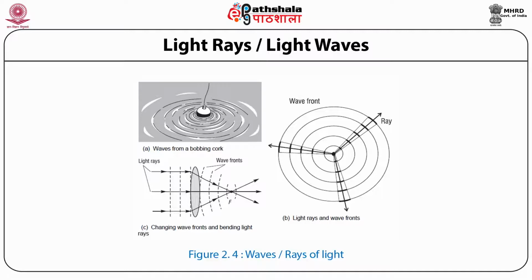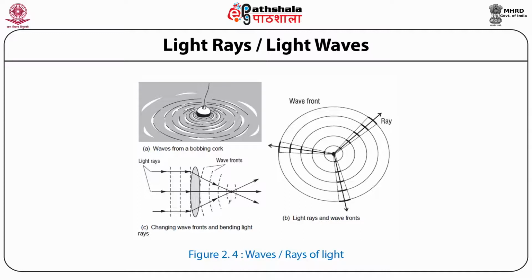So in these figures we have the circular wave fronts as shown, with radial lines drawn perpendicular to them along several directions. Each of the rays describes the motion of a restricted part of the wavefront along a particular direction. Hence, a ray is a line perpendicular to a series of successive wavefronts, specifying the direction of energy flow in the wave.